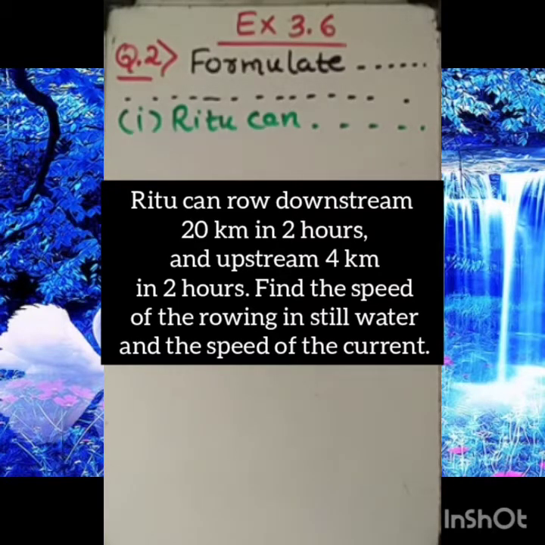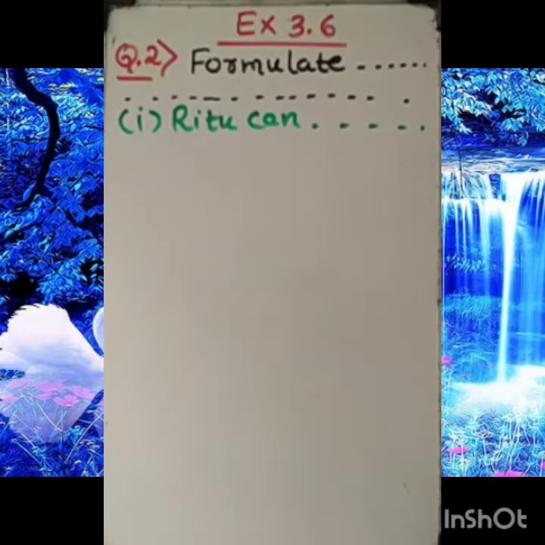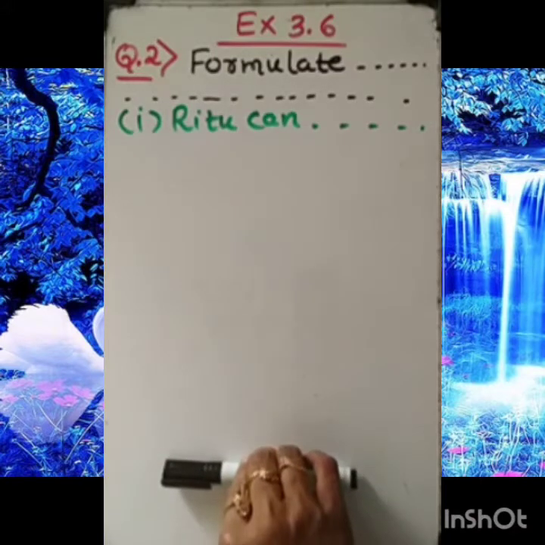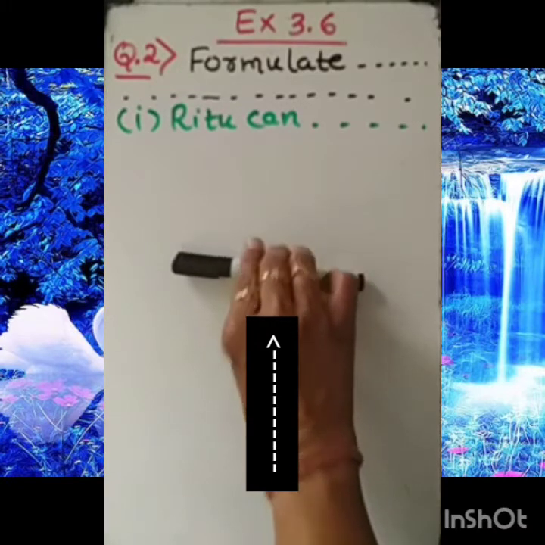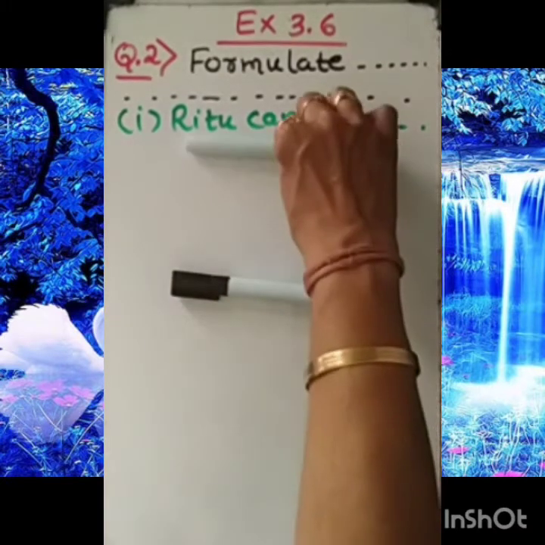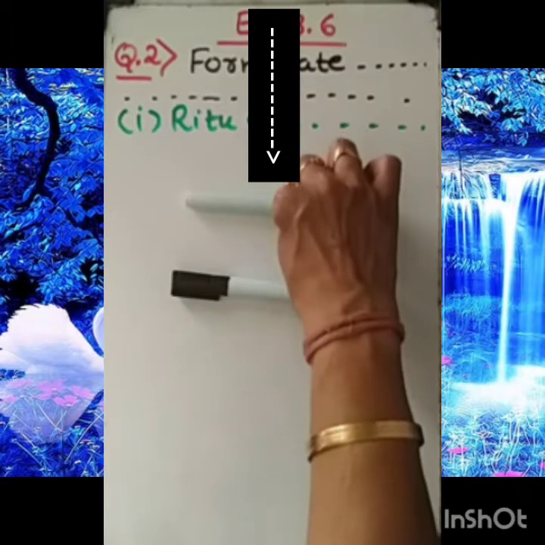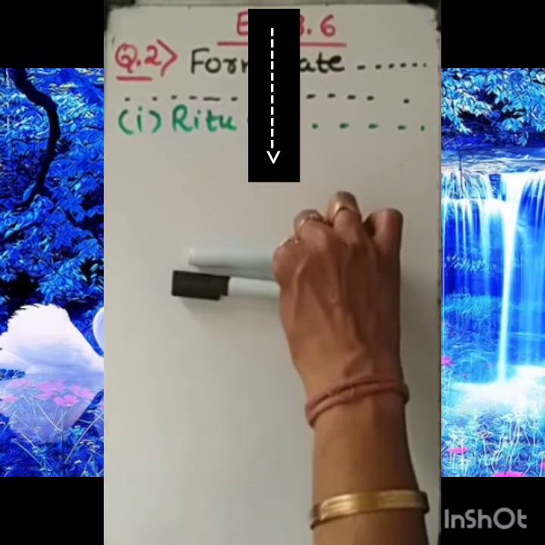Very nice question. See, beta, there are two types of things which we have to observe. Suppose you are rowing upstream, and the stream water is coming from this side.